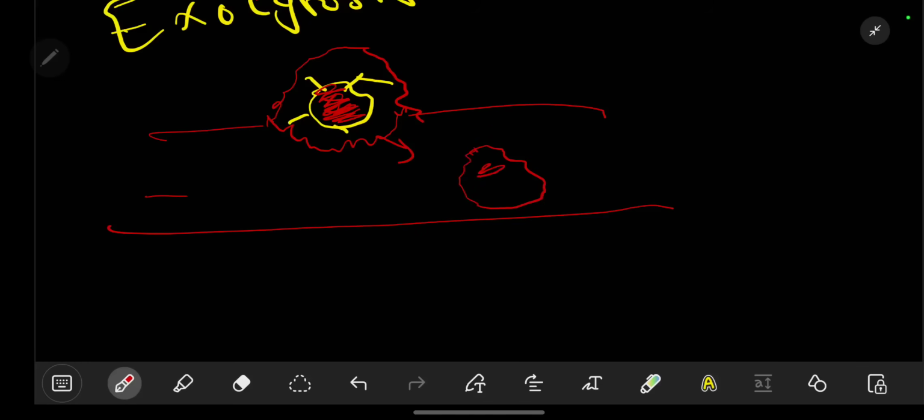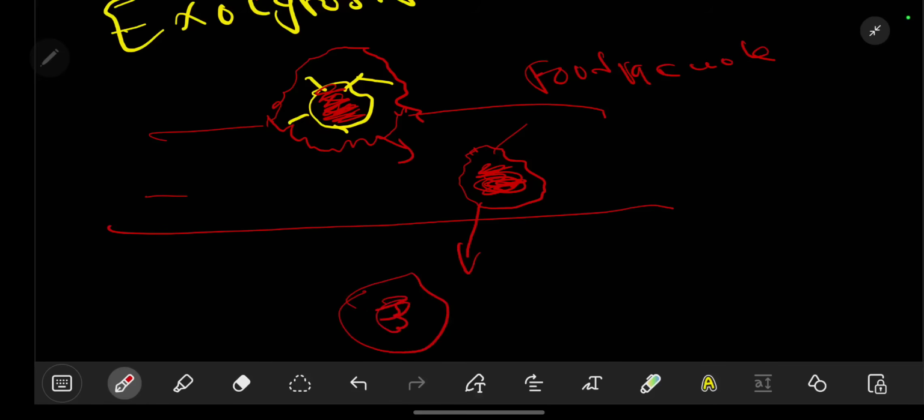This is what we call the food vacuole, which will move this substance. The food vacuole moves substances inside the cell until it enters the cell like that. So this is how substances are moved from outside into the cell.